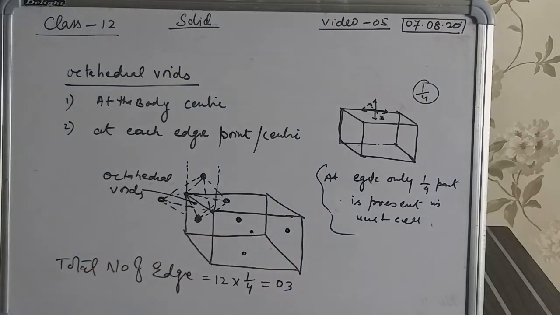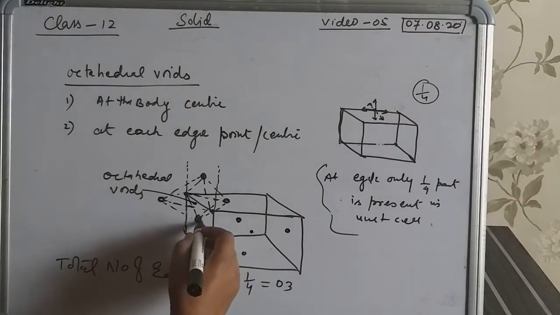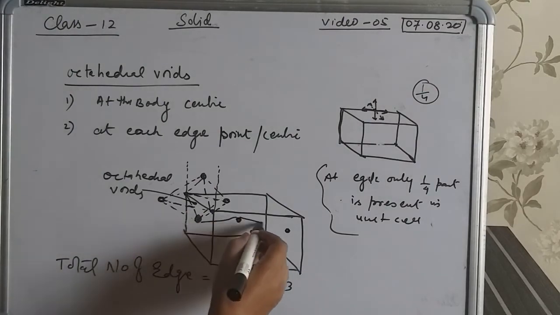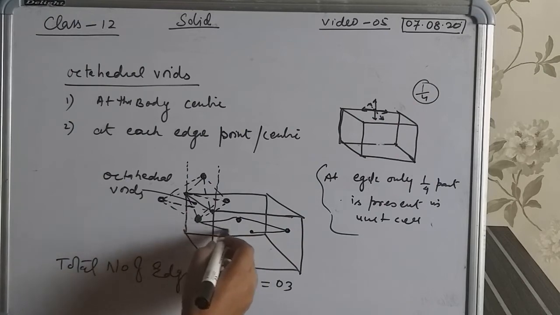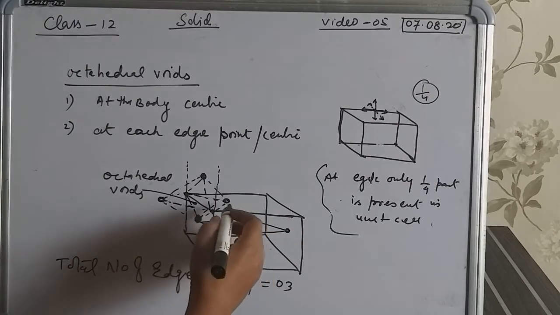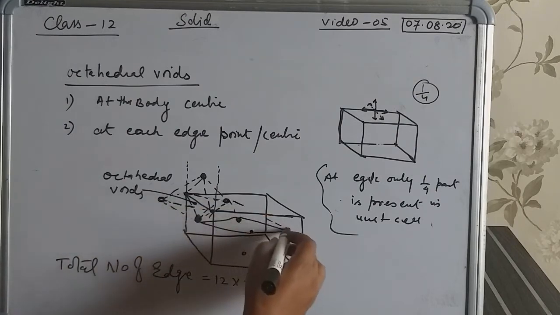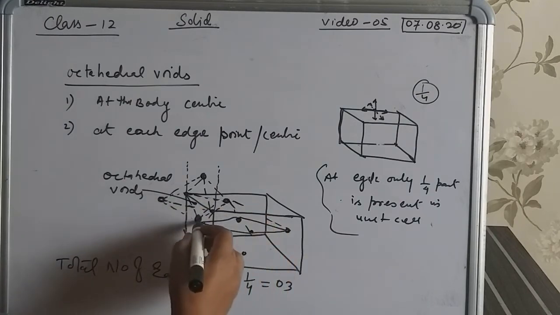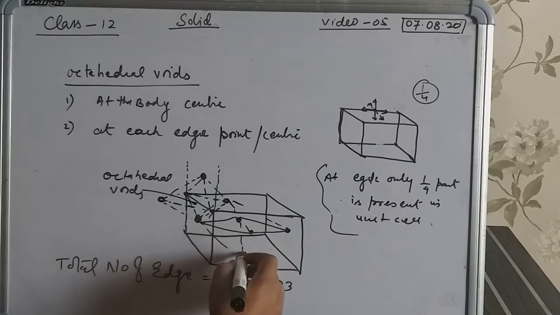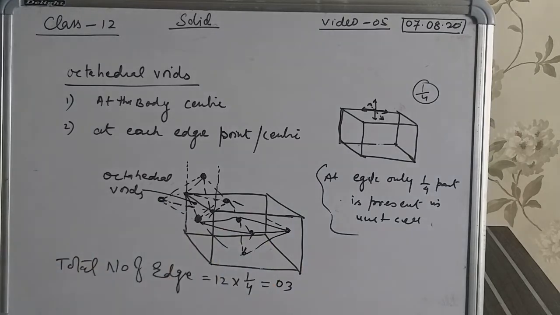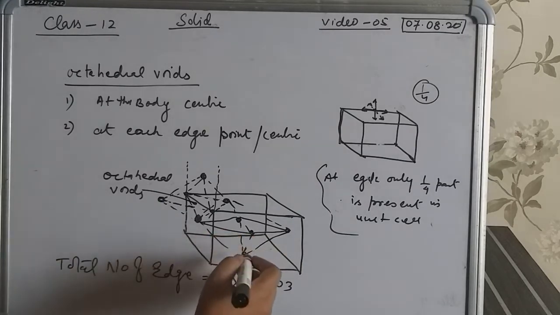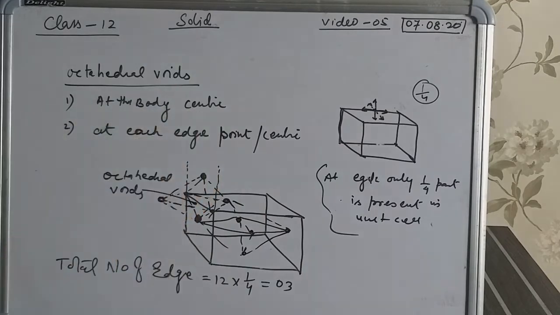So at first you can draw like this, 1, 2, 3 and 4. Octahedral voids are also present in the body center.